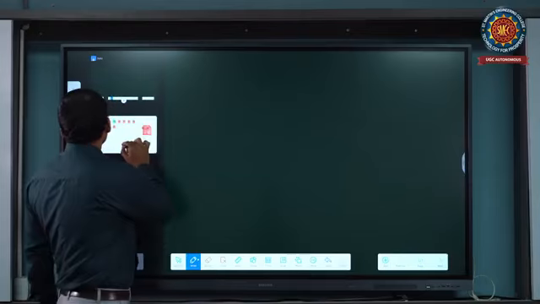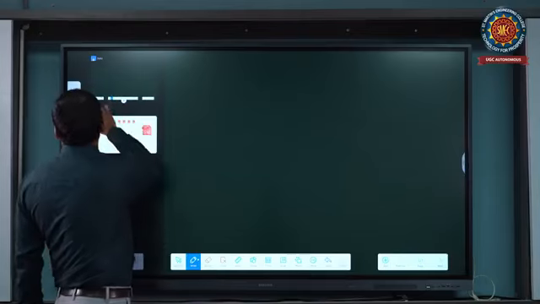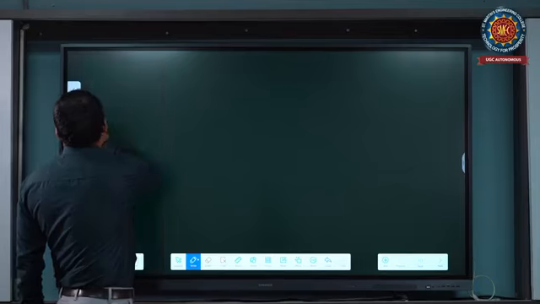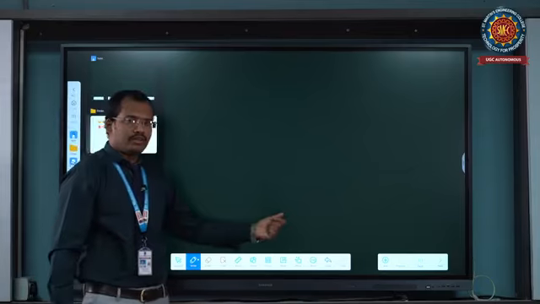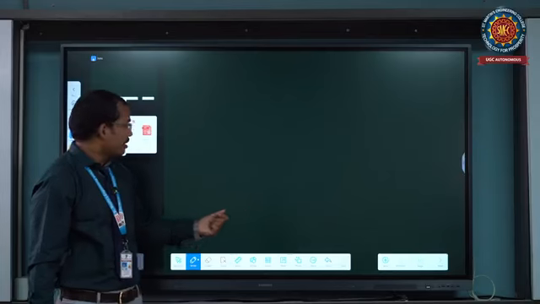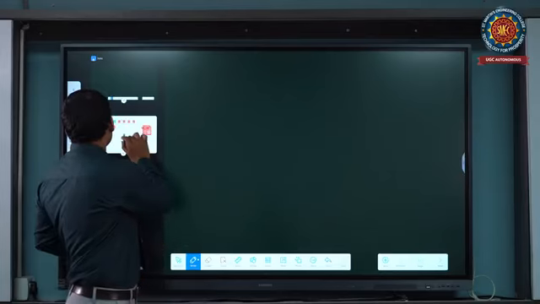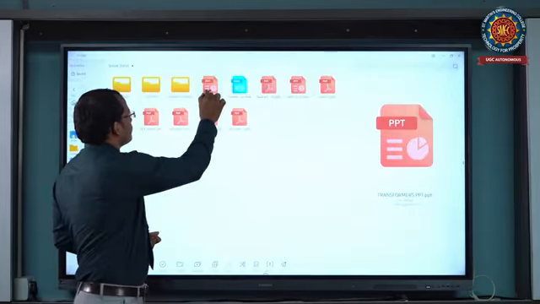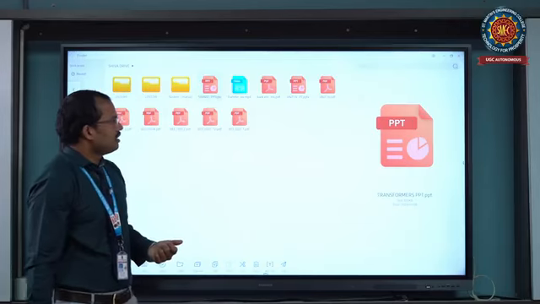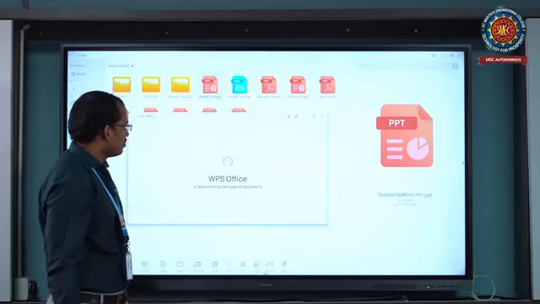So we already completed the introduction of the transformer and the principle of the transformer. Discussing the types of transformers is also over.